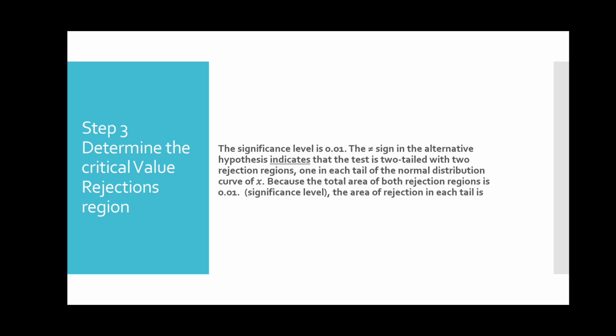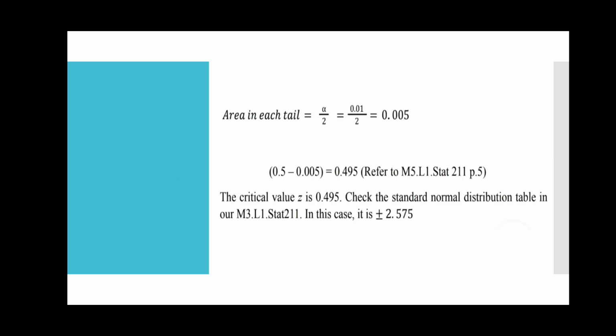The area of rejection in each tail is, as shown, the area in each tail. Remember, this is a two-tailed test because the alternative hypothesis uses not equal. So we divide the level of significance by 2: 0.01 divided by 2 equals 0.005.